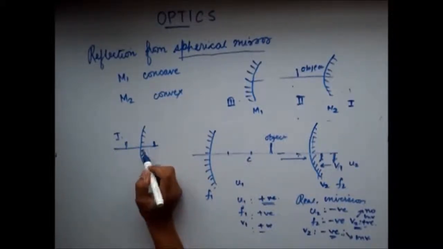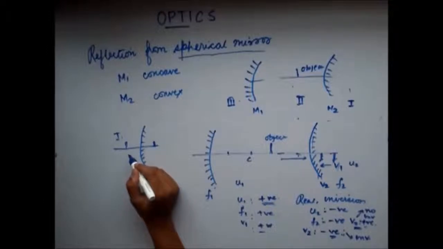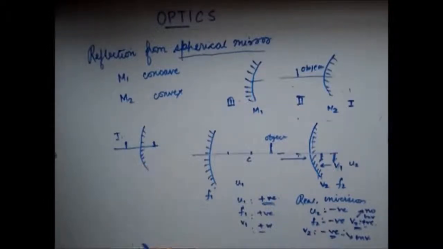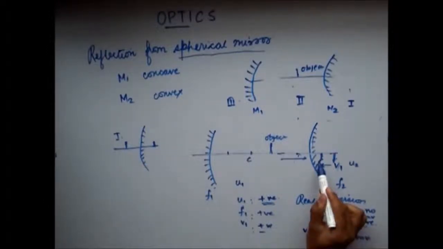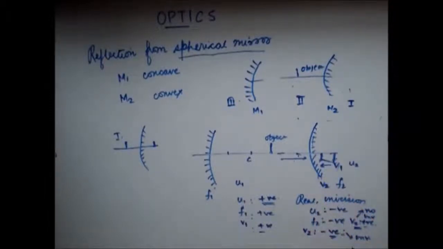When the object and the image are on the same side, there is inversion. So here you see, in this case, the object and the image are on the same side, so there is inversion, which is this case. When they are on the opposite sides, as in here, there is no inversion.